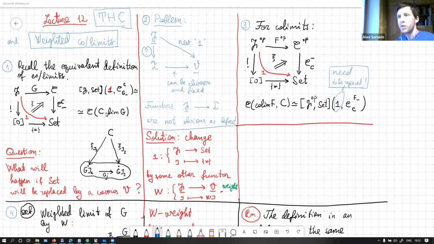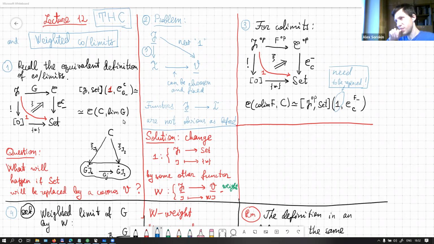So the set of legs is representable by a certain object that is called lim G. Then we call this lim G a limit of our functor G. So what do I mean? If I want to spread legs from an object C, it is the same as if I spread legs from the object lim G and join C and lim G with a single arrow.